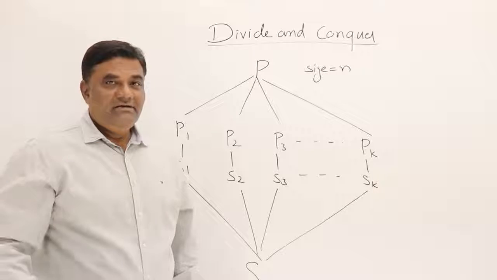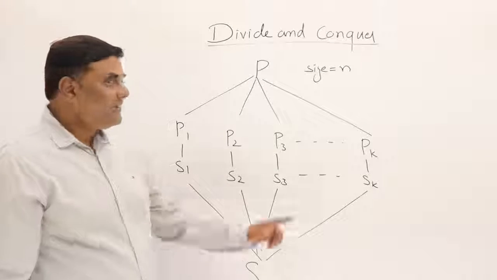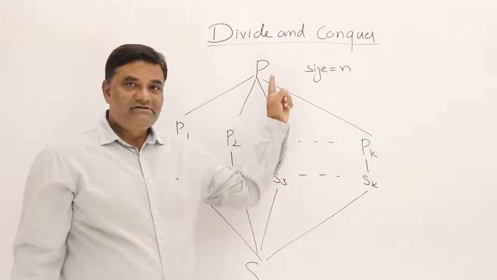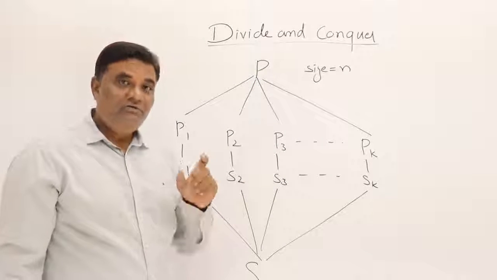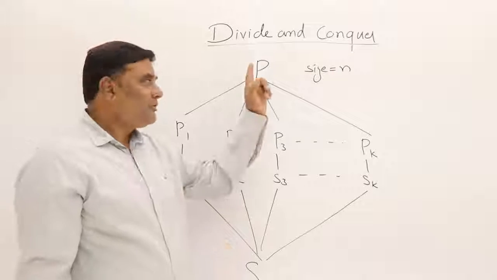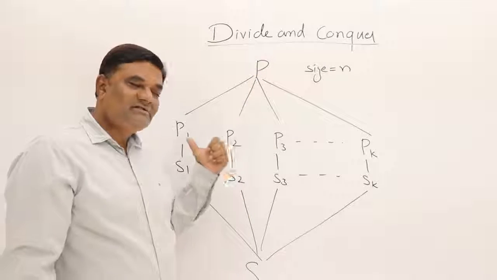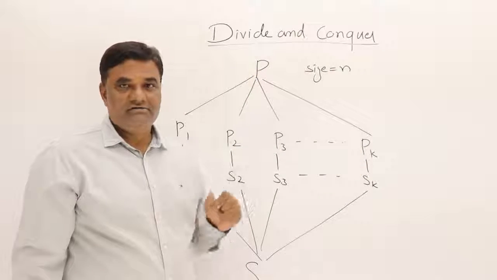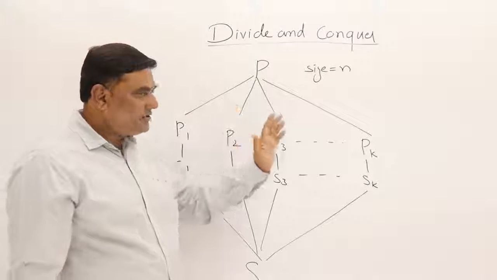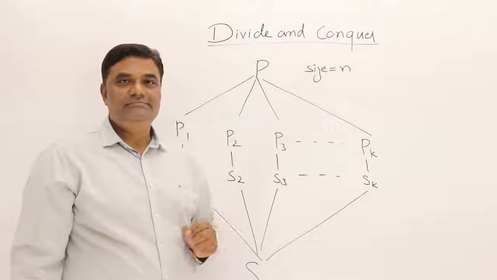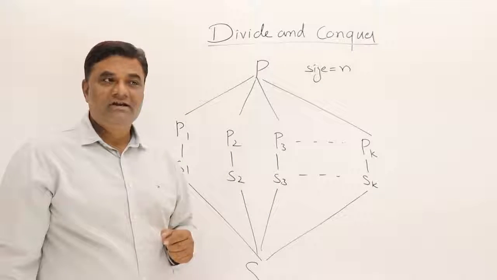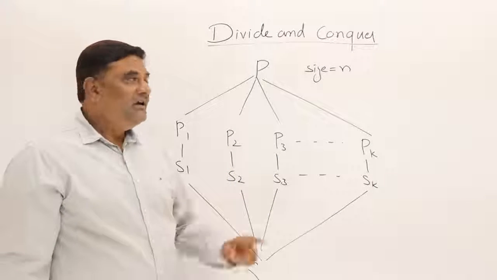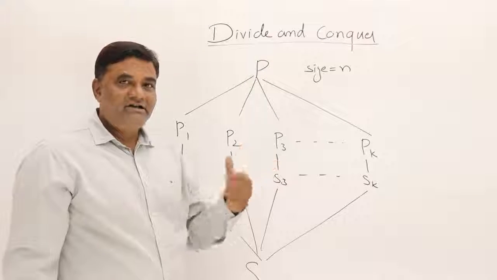Now one important thing about divide and conquer. Whatever the problem is, the sub-problems will be the same as that problem. For example, if the problem is to sort, then the sub-problems should also be sort. Each and every sub-problem should be sort only. It cannot convert into some other problem. Like, I'll take some real example.